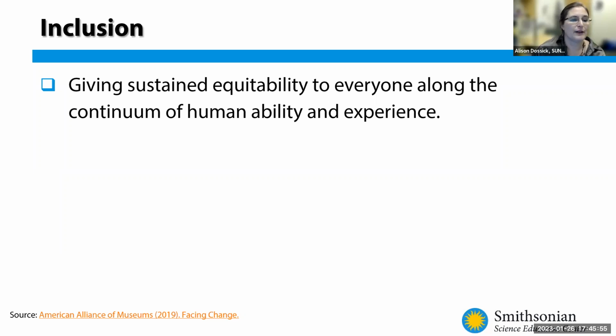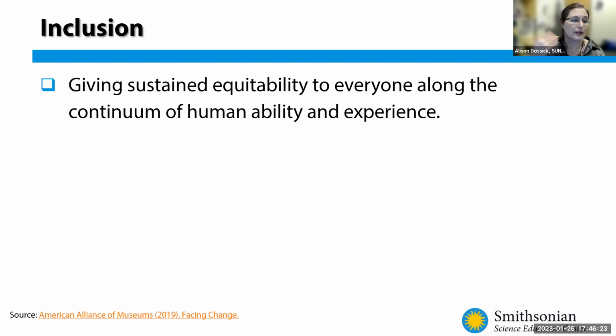And one thing we've talked about is giving sustained equitability to everyone along the continuum of human ability and experience. So your ability could be like, for instance, I wear glasses, so I am not very able to see far or well. Someone else might have better vision. Maybe I hear better. So everybody has varying abilities.